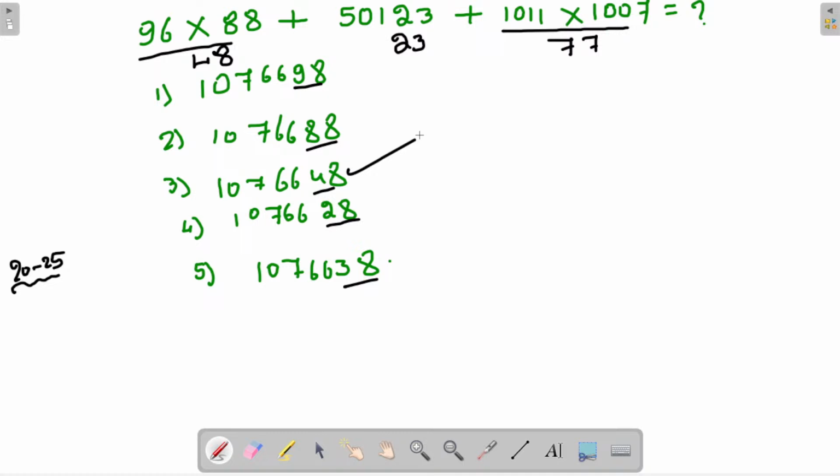Just write down this example like this. Here the difference is minus 4, here the difference is minus 12, 12 4s are 48. Here 23, here the difference is plus 7, plus into plus, plus 77 is the difference. Now in my question, you will get minus 4.